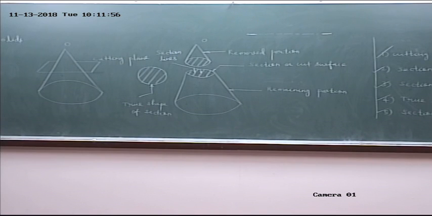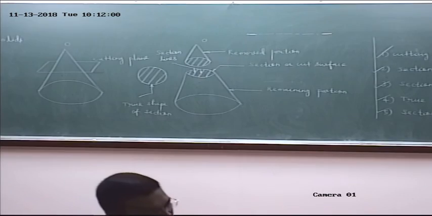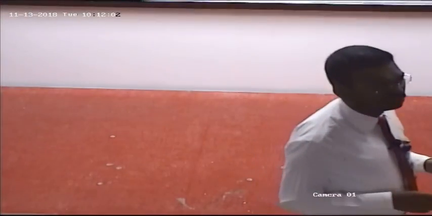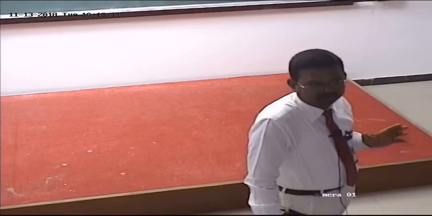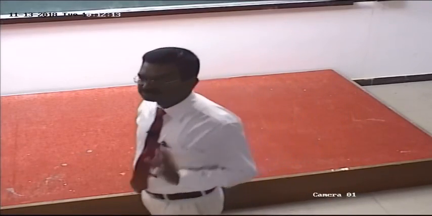Fourth position, inclined to HP, parallel to VP. Fifth position, inclined to VP, parallel to HP. Sixth position, inclined to both HP and VP. So according to our syllabus, we have to discuss only position number 4 and position number 5. My question is, what do you mean by simple vertical position?